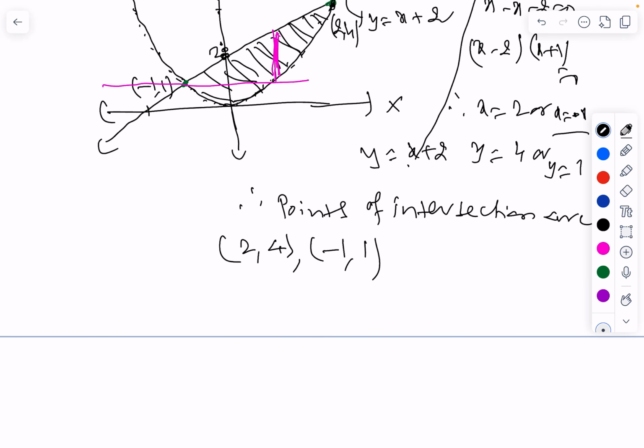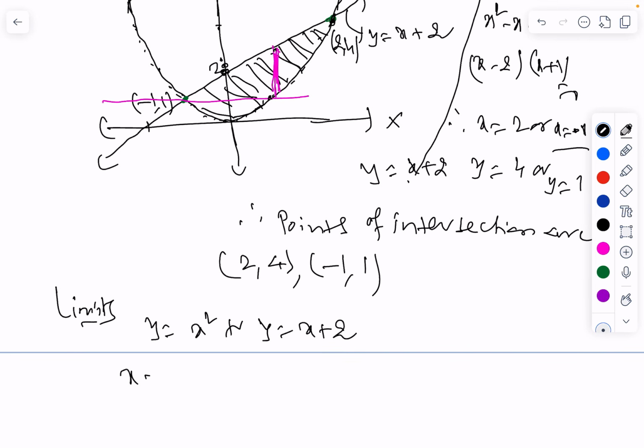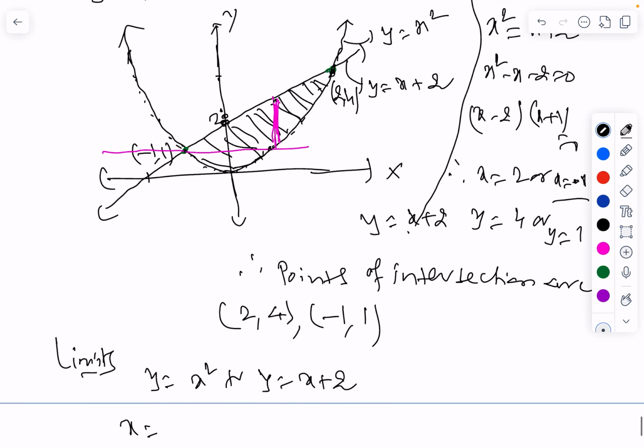So limits: y equal to, here on this curve parabola, to the other end on the line x plus 2, and that strip moves horizontally from x equal to minus 1 here to the other side x equal to 2.